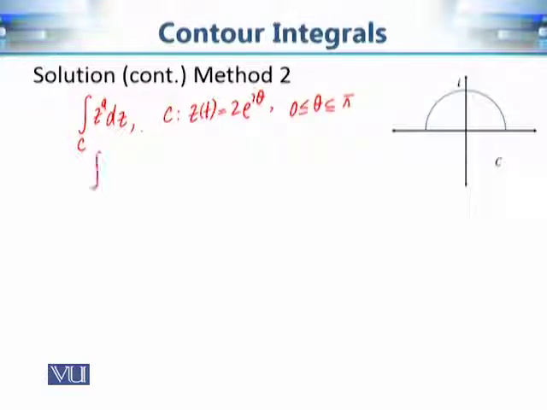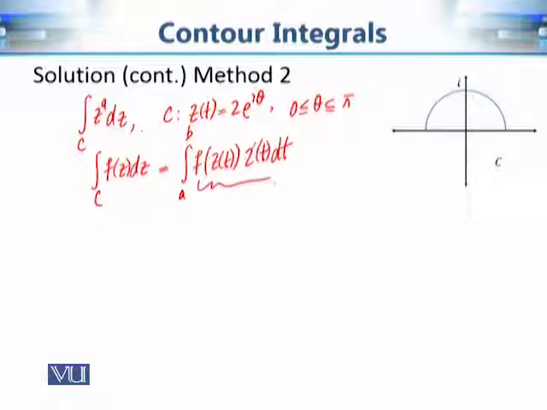And we also know that the integral of f of z dz along this C is equal to the integral from a to b, if this is the variation of the parameter, of f of z of t times z prime of t dt. And what is our main focus? Our main focus is to try to avoid the situation where this integrand is not piecewise continuous.